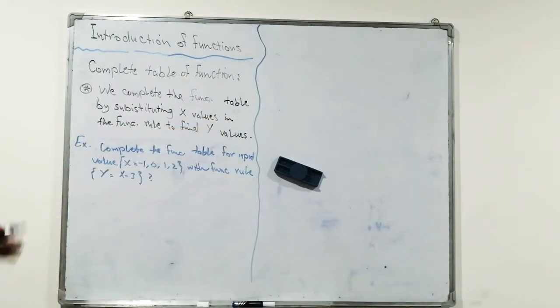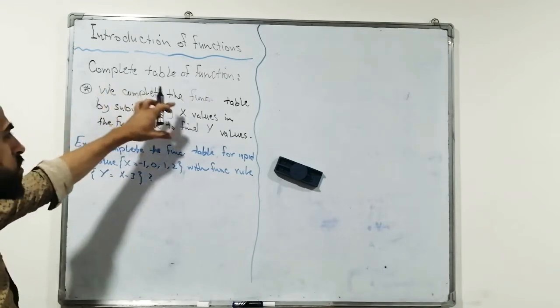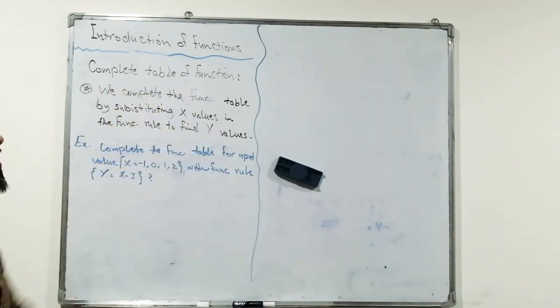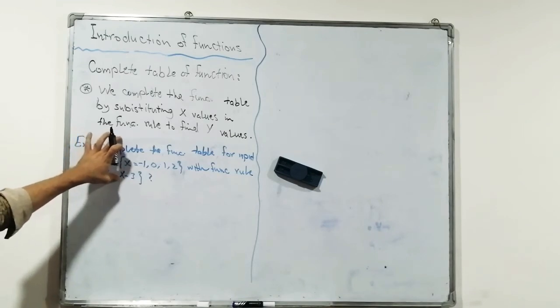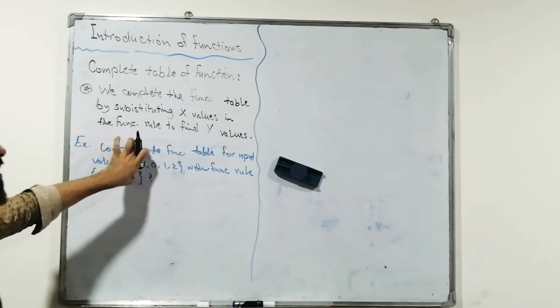What's the meaning of that? I will give you a function rule with input values which represent x values, and I will substitute each input value in the function rule to get its corresponding y value. We will take this example and see how to solve this kind of question.